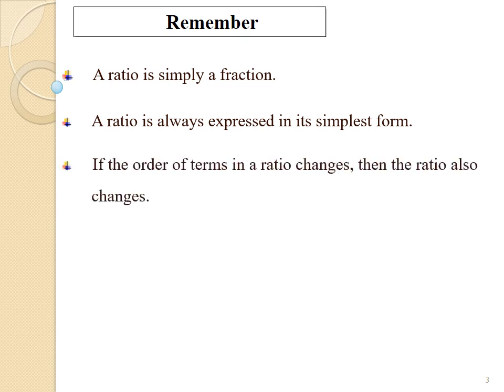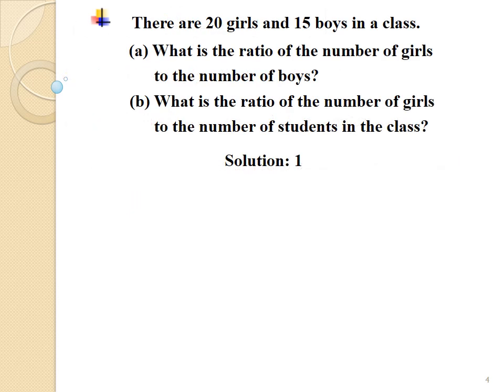So now, let us solve exercise 12.1. Exercise 12.1, sum number 1. There are 20 girls and 15 boys in a class. What is the ratio of the number of girls to the number of boys?